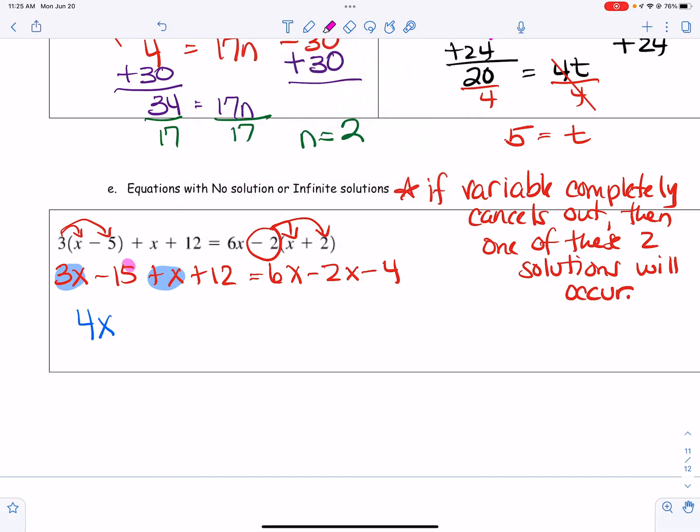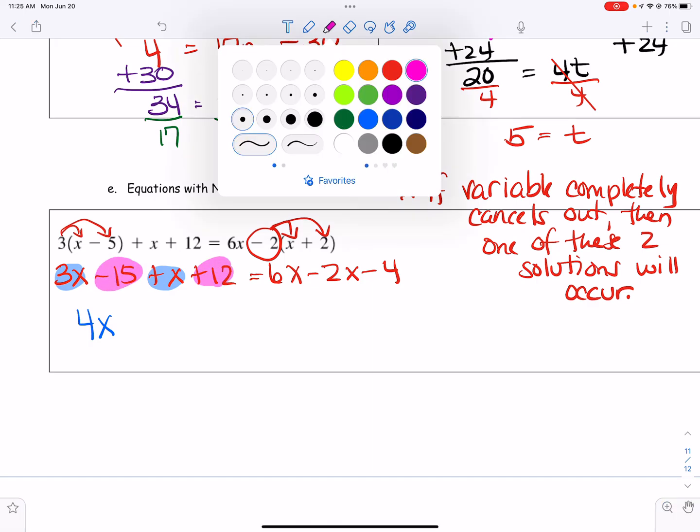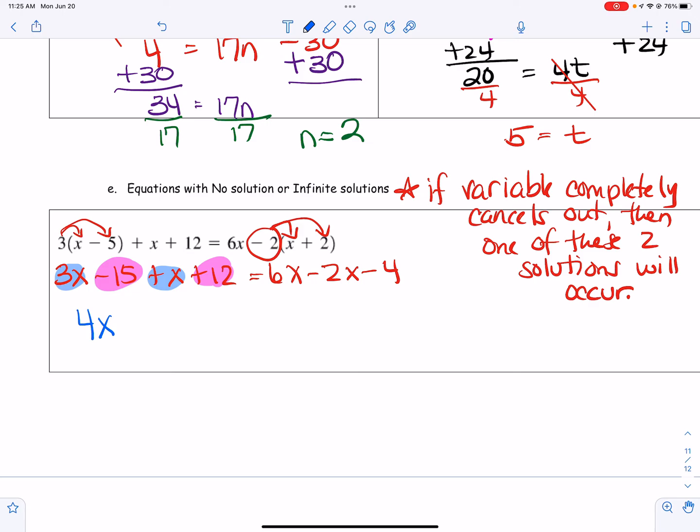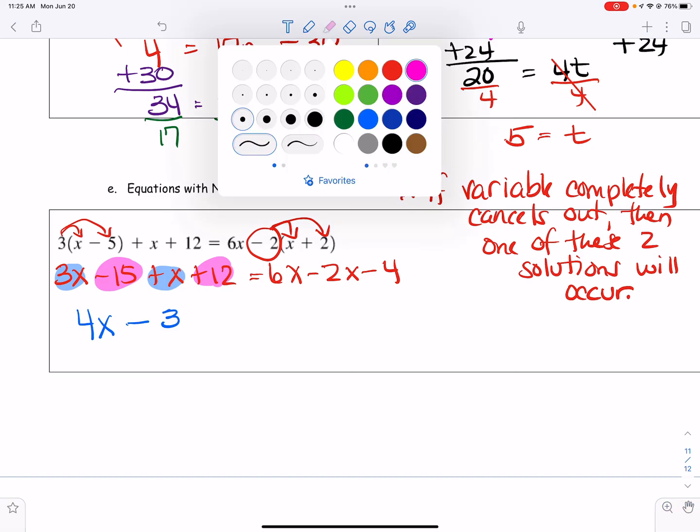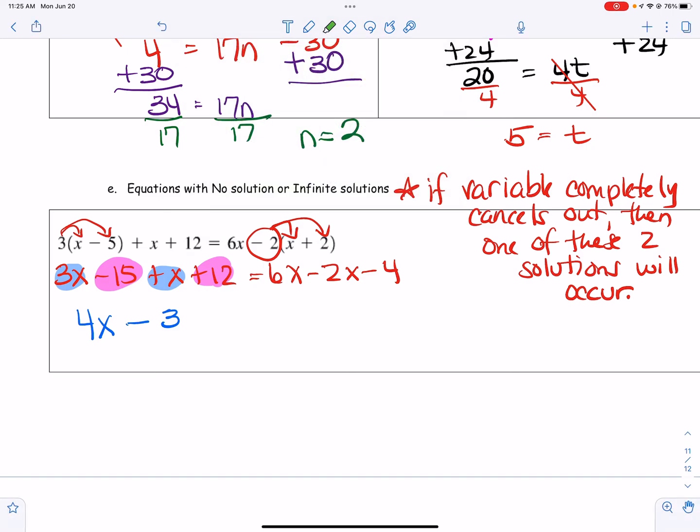Then I have negative 15 and positive 12, and so that is negative 3. Then I go to the right-hand side, and I have 6x minus 2x. So that is 4x minus 4.